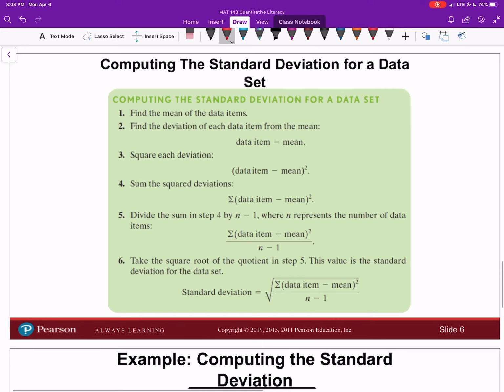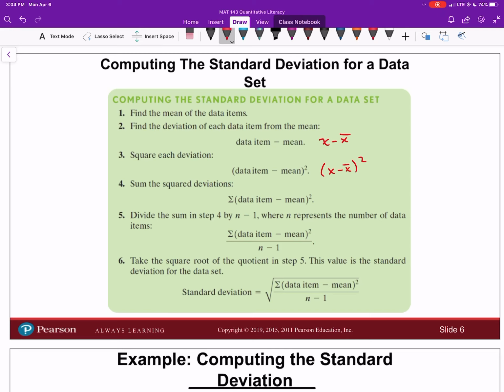It says computing the standard deviation of a data set. Find the mean of the data items. Find the deviations of each data item, that is x minus x bar, like I was showing you. Then square each deviation, so it'll be x minus x bar squared.